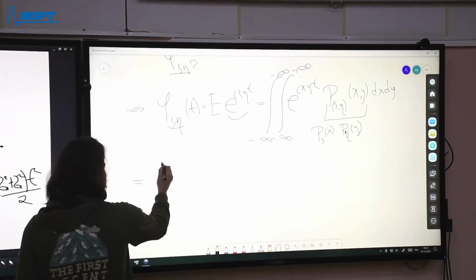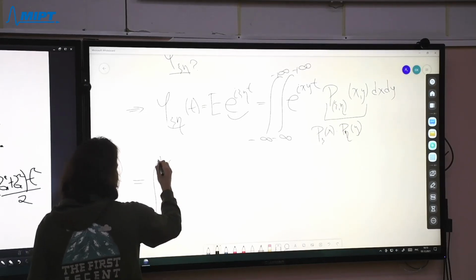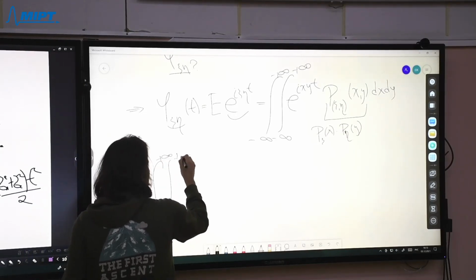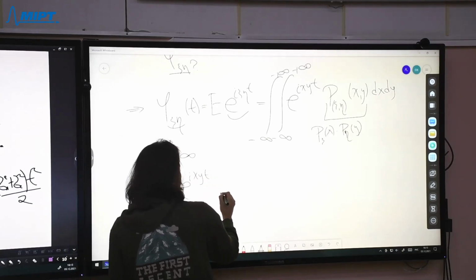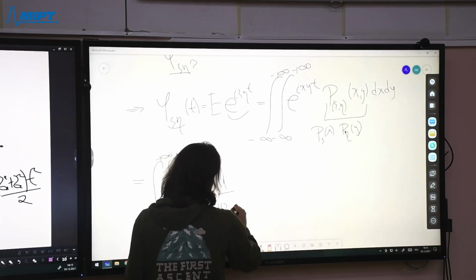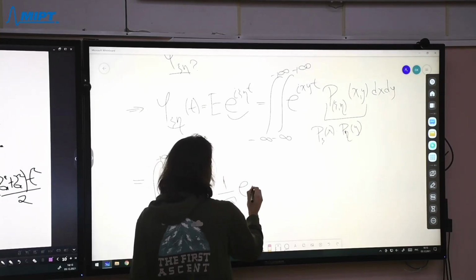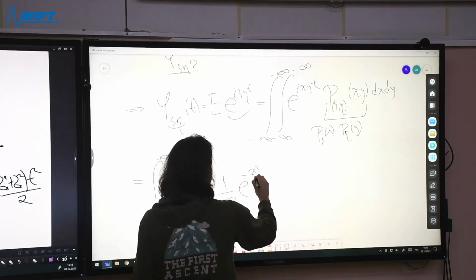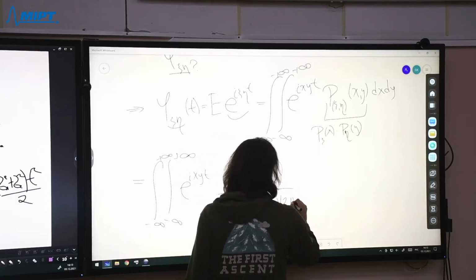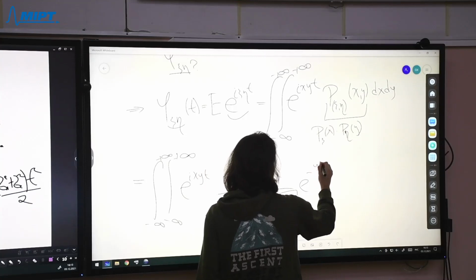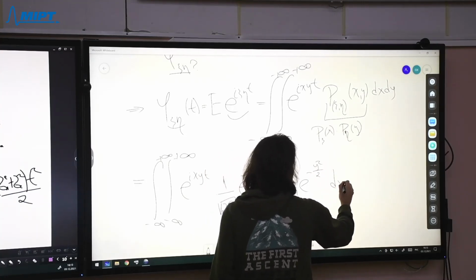So this is the double integral from minus infinity to plus infinity of e to the i x y t, times 1 over the square root of 2 pi e to the minus x squared over 2, times 1 over the square root of 2 pi e to the minus y squared over 2, dx dy.